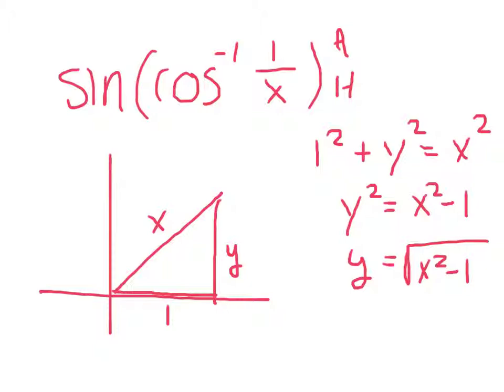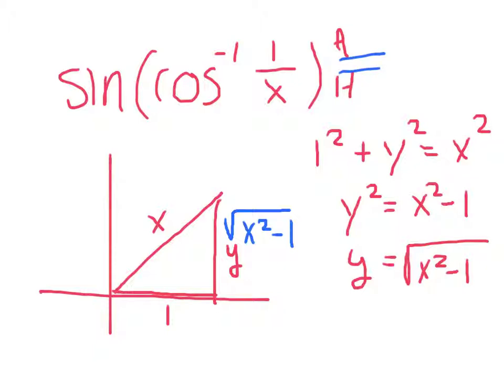And although this could be plus or minus, because I'm going to keep my picture in the first quadrant, I'm just going to stick with the positive answer. So now I know that this side is the square root of x squared minus 1, and I can answer my question.